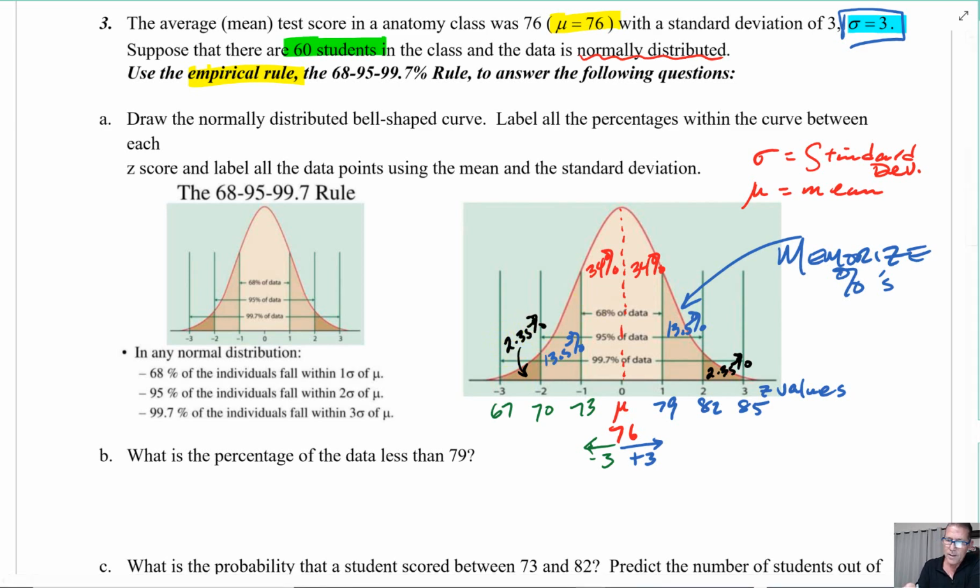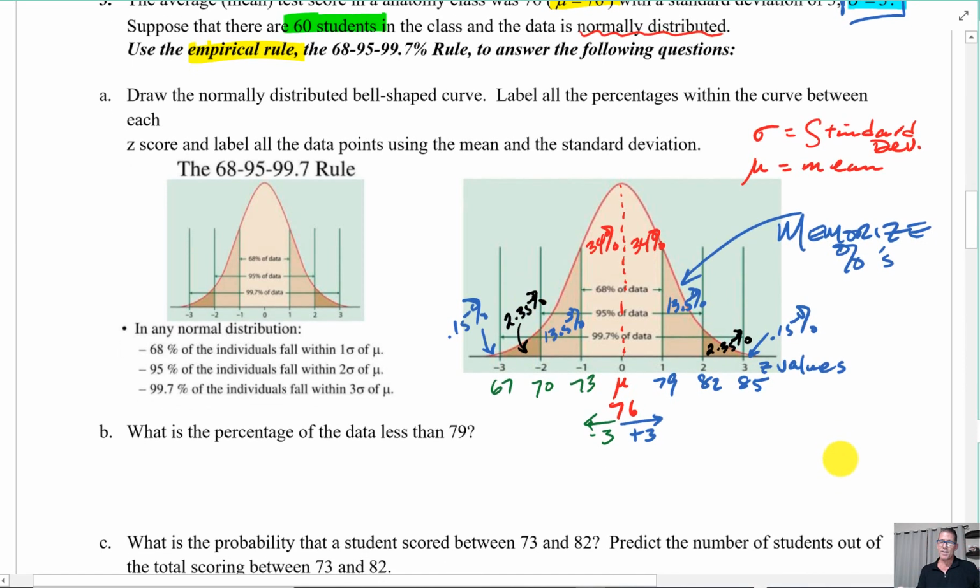And in this little teeny area, in the last part beyond 3 standard deviations, there is 0.15%. Very little part of the data. Make sure you understand these are percentages here. Okay, so you have to know the percentages. You have to memorize these. So let's highlight that. Important part here because I'm not going to tell you.